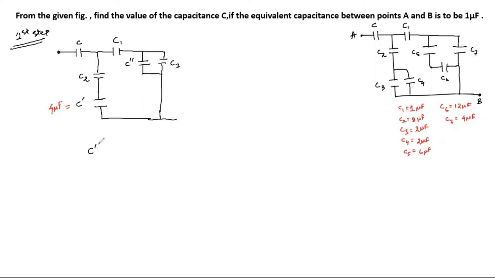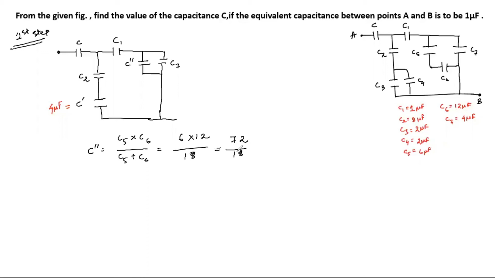So C double dash, which is the equivalent capacitance of these two series capacitors, C5 and C6, is C5 multiplied by C6 divided by C5 plus C6. I'm directly doing it. Okay, so C5 is 6 microfarad and C6 is 12 microfarad. So 6 into 12 by 12 plus 6, 18. 72 by 18.